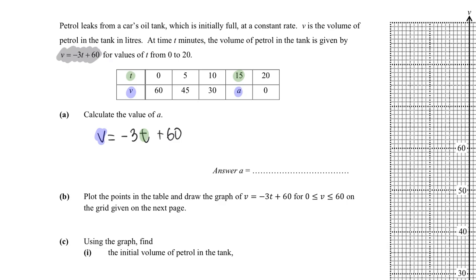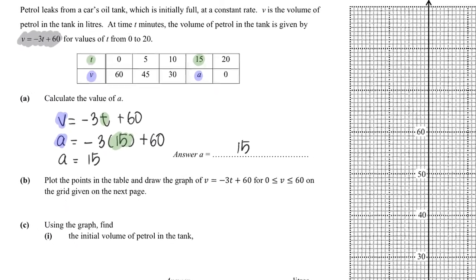So A equals negative 3 times 15 plus 60. So just a highlight for you to see. And from here, I will be able to get my value of A. So my A will be equal to 15.